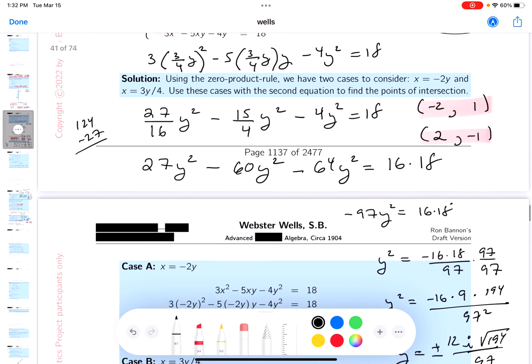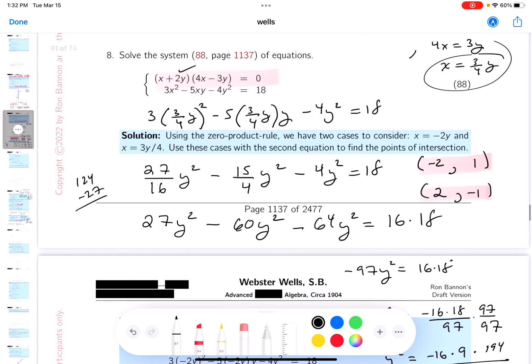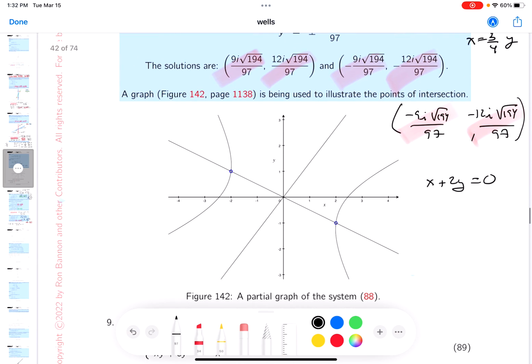This one over here, and the other one's going to be 4x minus 3y equals 0. I want to identify those lines. This line over here is going to be y equals minus 1/2 of an x. And I want to just outline that for you. That's this line right over here.